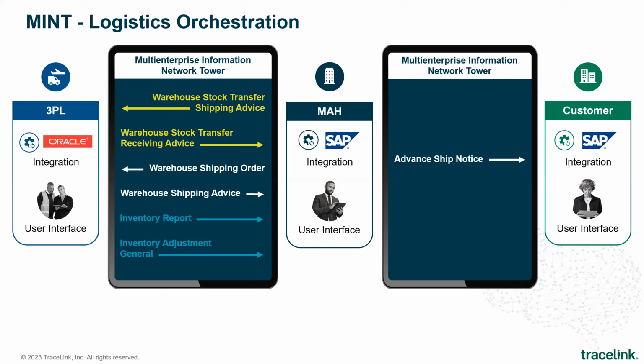So you don't have a reporting requirement as an MAH, but your importer does, and they need that serial number information to be able to do the reporting. The serialized advanced ship notice through Mint allows you to do that. So we have customers today doing that with some of their partners in countries like Kyrgyzstan and Saudi Arabia. All of this information can be serialized.